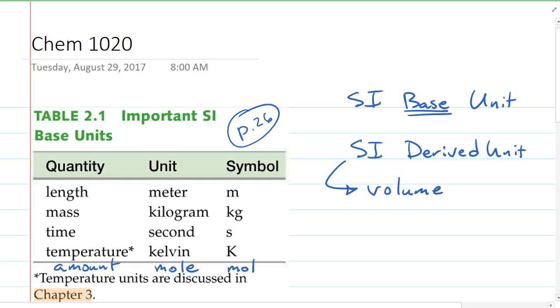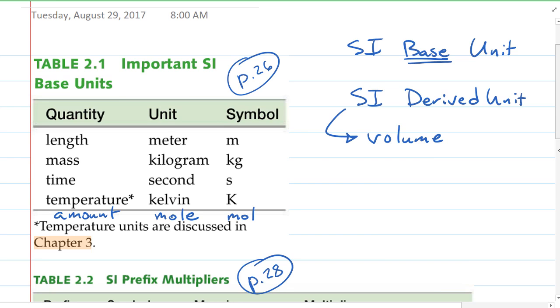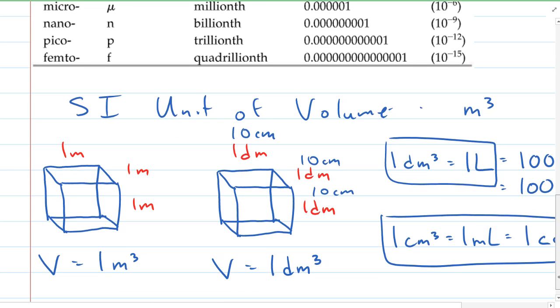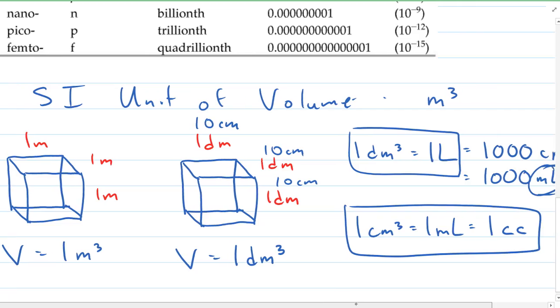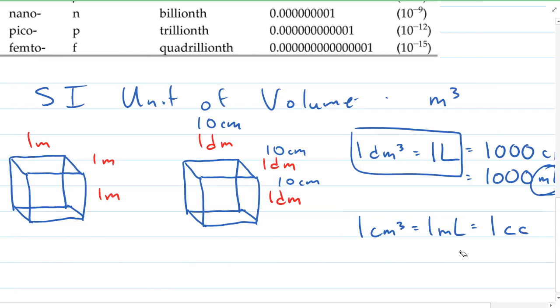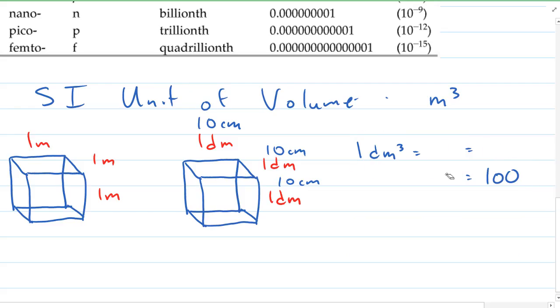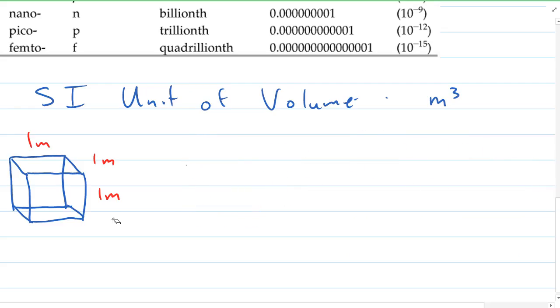If we look at something like the SI unit of volume, I'm going to come down here and look at this in a little more detail. Let me start from scratch so you don't need to write all this down. I'll help you draw a box if you haven't drawn many before.